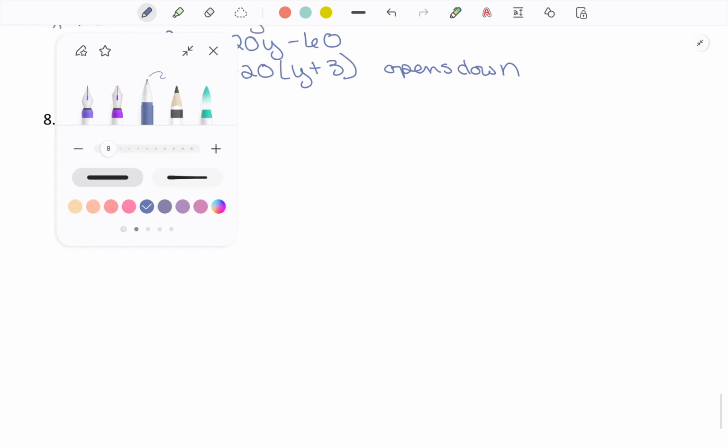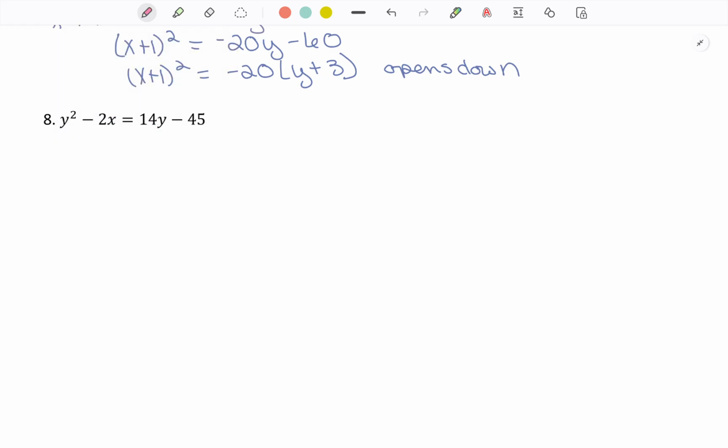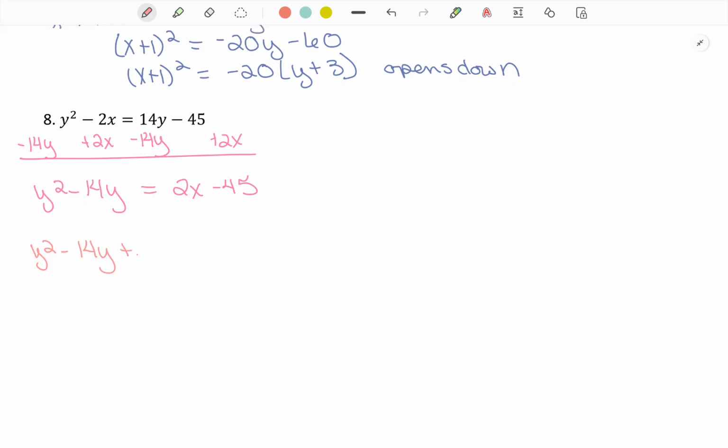So then for number 8, we have a y squared. So I'm going to move this x term to the other side, and I am going to subtract 14y to get it on the same side as my y squared. So we're going to have y squared minus 14y equals 2x minus 45. We're going to have to complete the square. So we'll have y squared minus 14y plus something equals 2x minus 45 plus something.